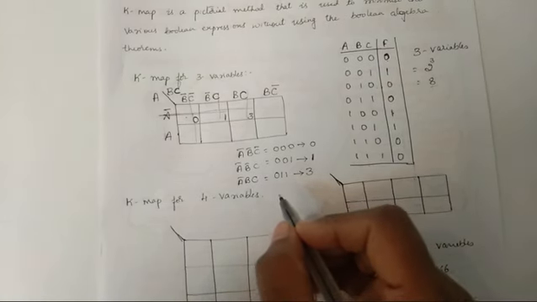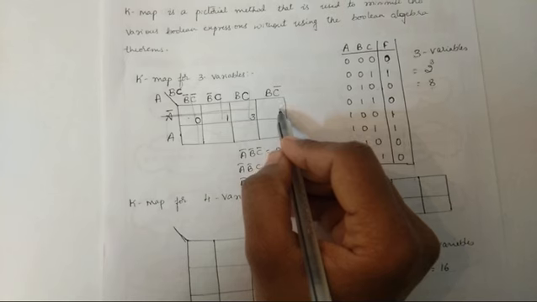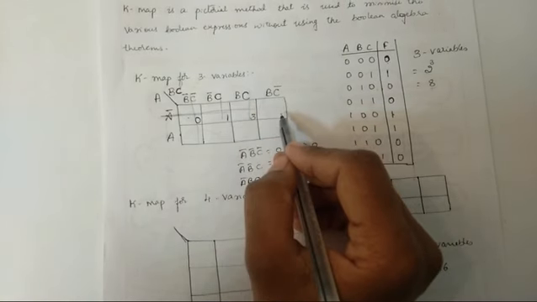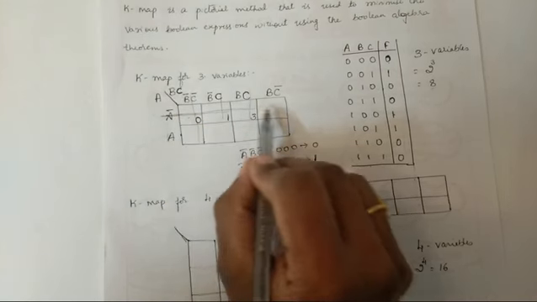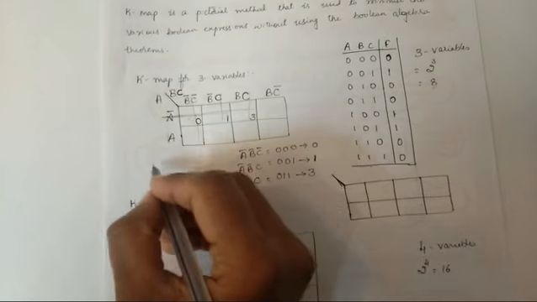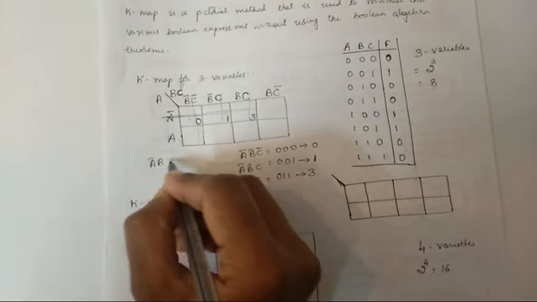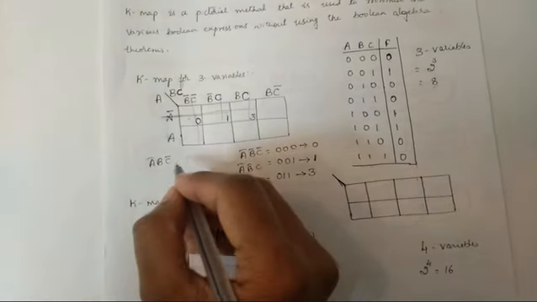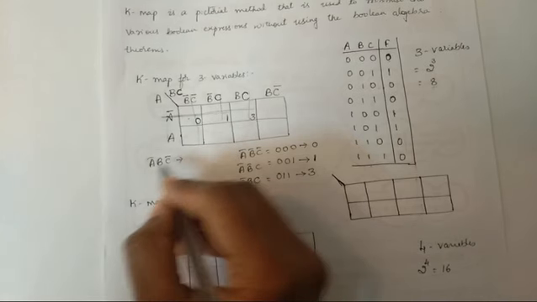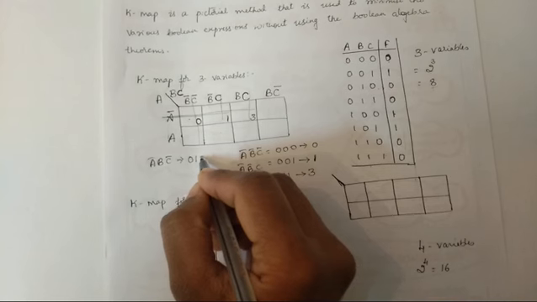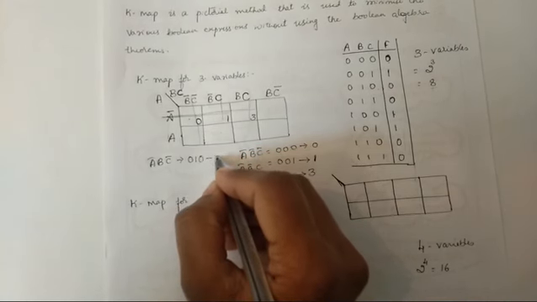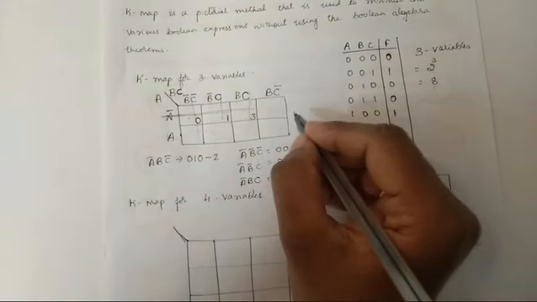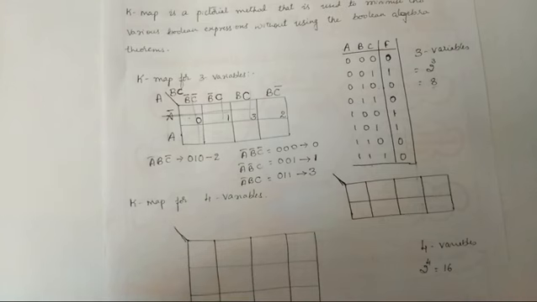Now let me check for this. I'll not write it in pencil. So you just tell me, it is A bar B C bar, right? A bar B C bar. It is A bar meaning 0, 1, 0. What is 0, 1, 0? In terms of decimal, it is 2. So the cell number is 2.